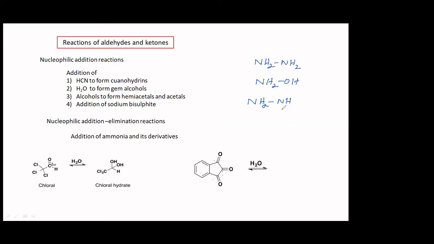Easy to remember. Now take the same phenyl group here, NH2NH, and at the second and fourth position put NO2. You are going to get 2,4-dinitrophenylhydrazine. It is going to form hydrazone, 2,4-dinitrophenylhydrazone, isn't it?